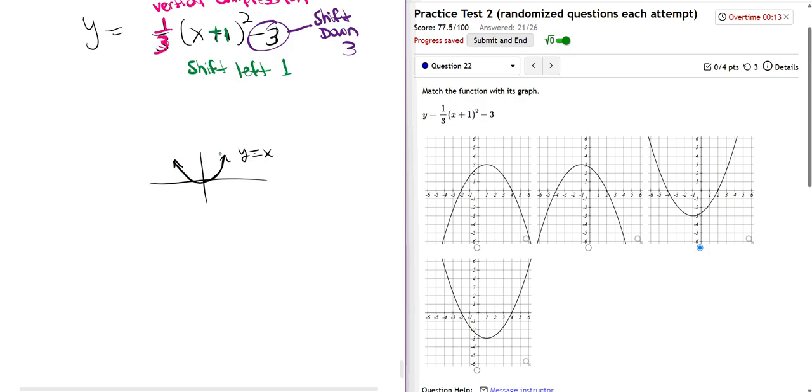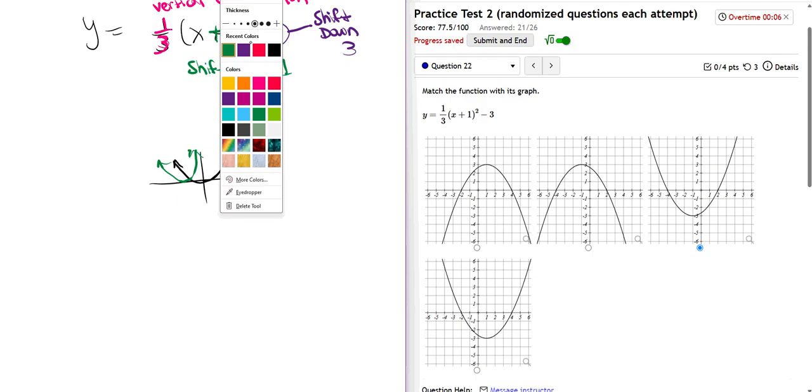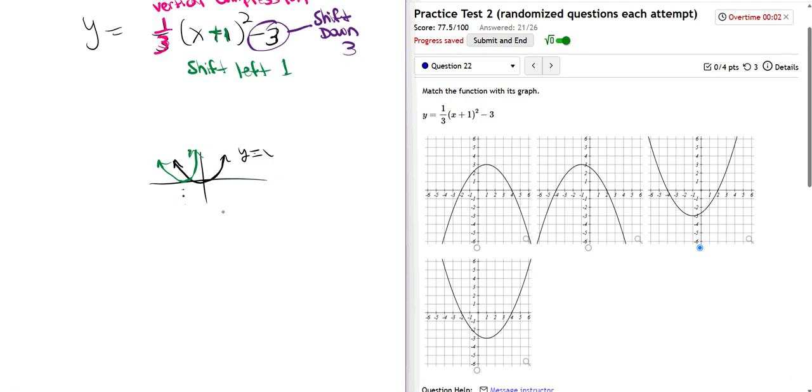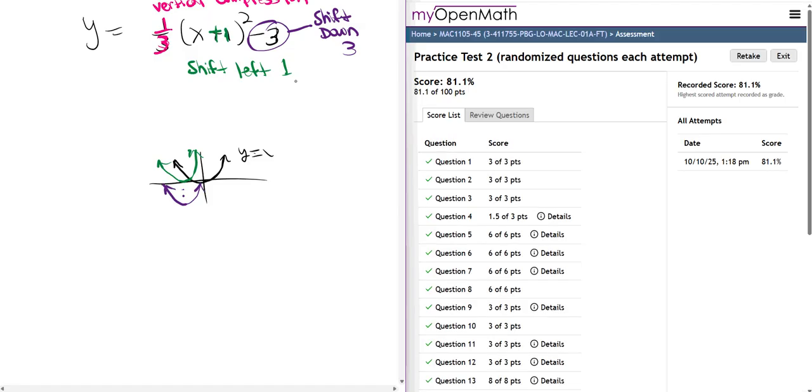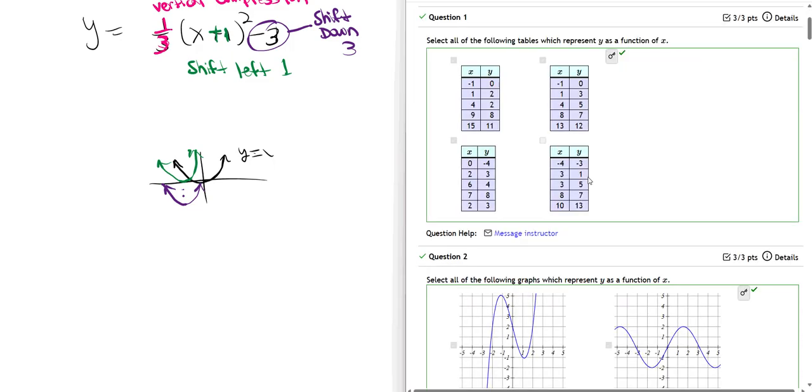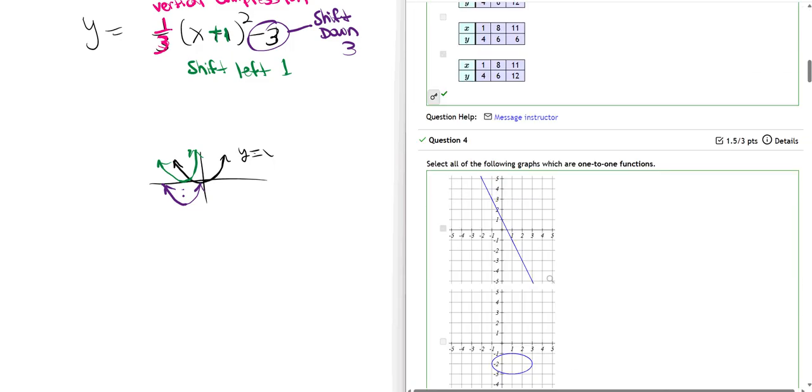Let's do a little better, right? And then shifted down by 3 would bring it down like this. Okay, so that picture was the one I chose. Let me get back to it.